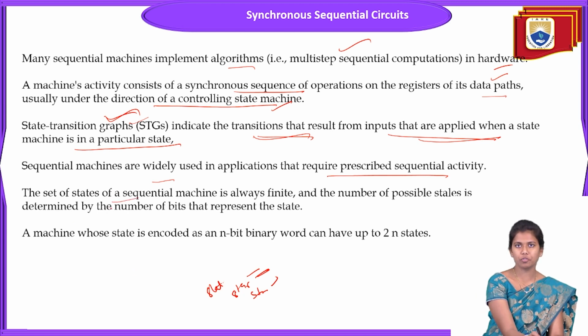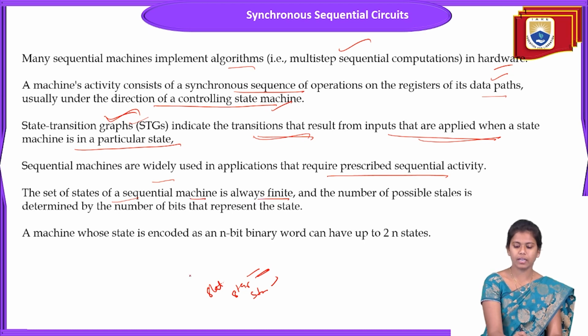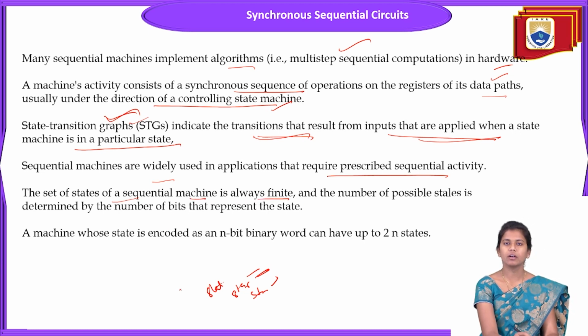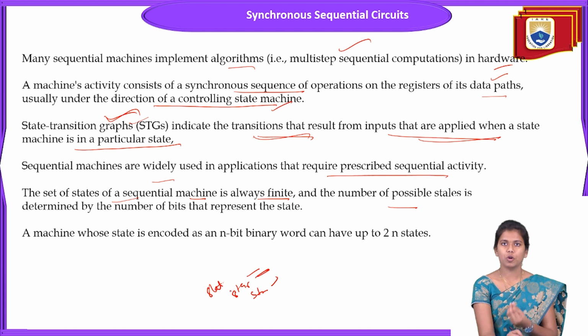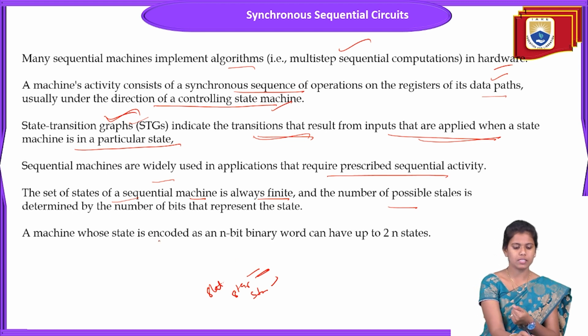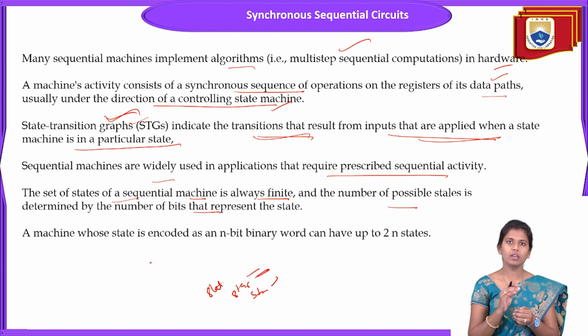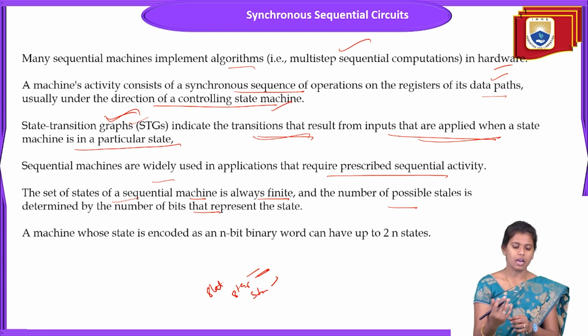And the set of states in synchronous sequential machines is always finite, because in sequential machines we have a finite number of states, so we get a finite number of possibilities of the states, while the representation of the state machines will be infinite with respect to the inputs and the output.